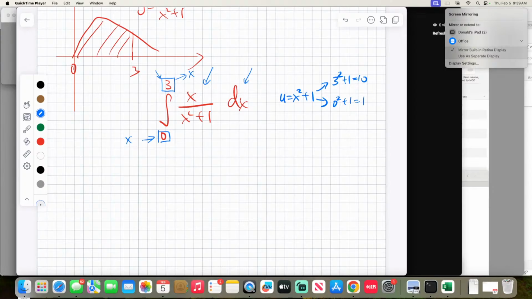But if it's (-1)^n over n, it's -1, plus 1/2, minus 1/3, plus 1/4, and negative 1/5.